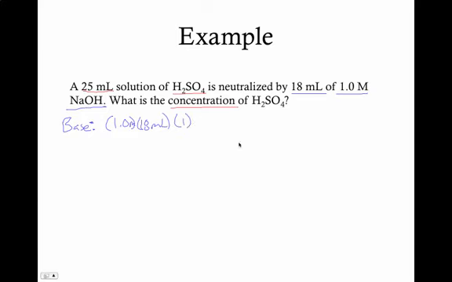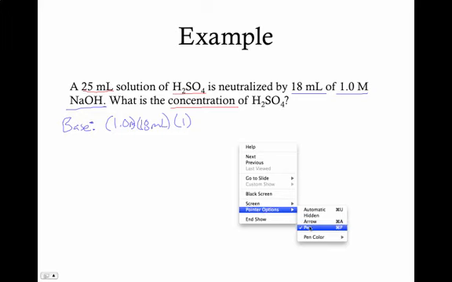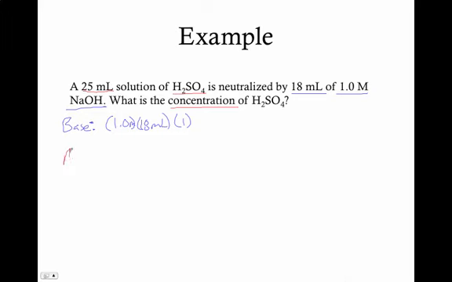And then our acid information: the molarity of the acid, we don't know what that is because it asks us for the concentration, so that's a molarity. So we're going to leave that as X, times the volume of acid is 25 milliliters, times the number of acidic protons is 2 in H2SO4.